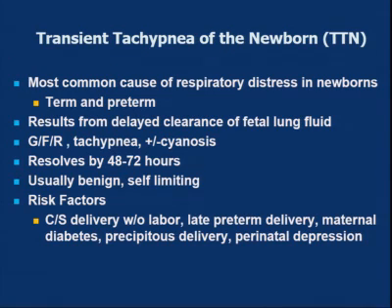So you have to get a pulse ox. You can't really rely upon your clinical skills, no matter how good they are, because it's very difficult for the naked eye to recognize hypoxemia. It resolves usually between 48 and 72 hours, usually benign, self-limiting, and the risk factors are C-section delivery without labor, late preterm delivery, maternal diabetes, precipitous delivery, and perinatal depression.